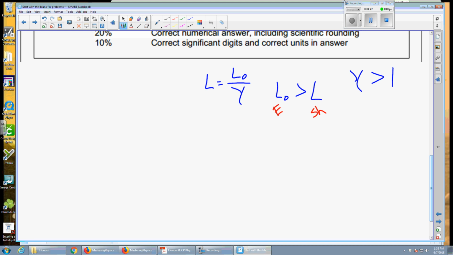Okay? And of course, we probably should have written down gamma. I prefer to write gamma this way: 1 over the square root of 1 minus parentheses v over c quantity squared. Because, like, if I'm told that the velocity is 0.85 c, well, v over c is 0.85, right?